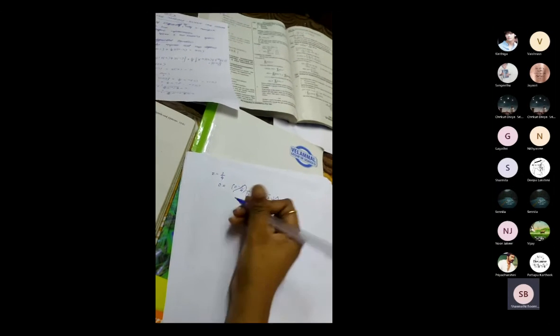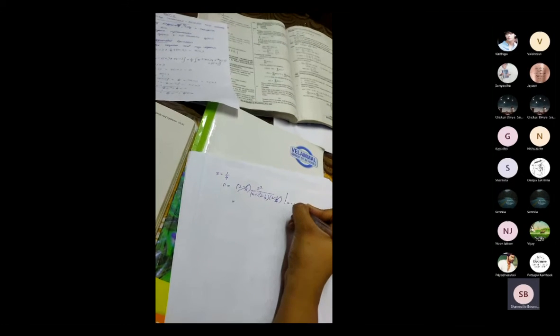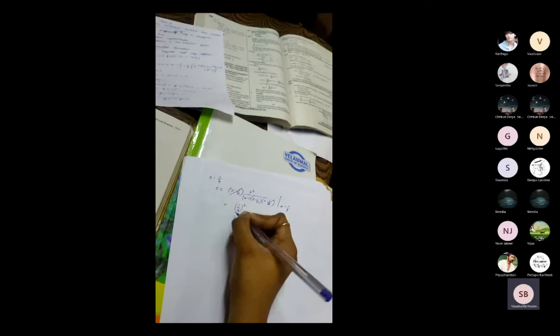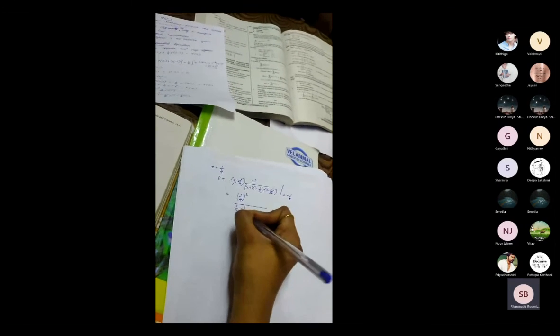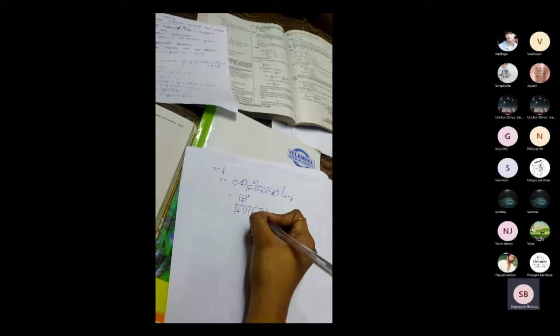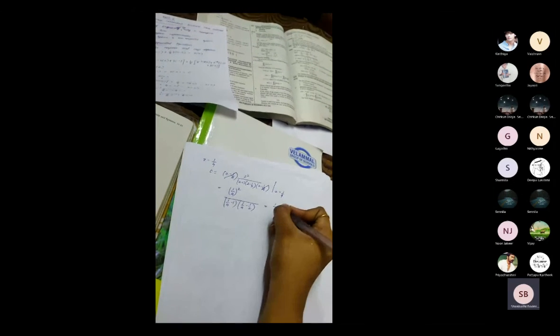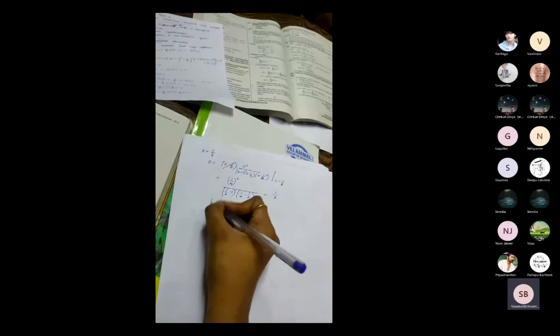This and this will get cancelled. Then you will get the pole value z equal to 1 by 4. So substitute 1 by 4 wherever you have z: 1 by 4 whole square divided by 1 by 4 minus 1 into 1 by 4 minus 1 by 2. If you solve, you will get 1 divided by 3. So the C value will be equal to 1 divided by 3.